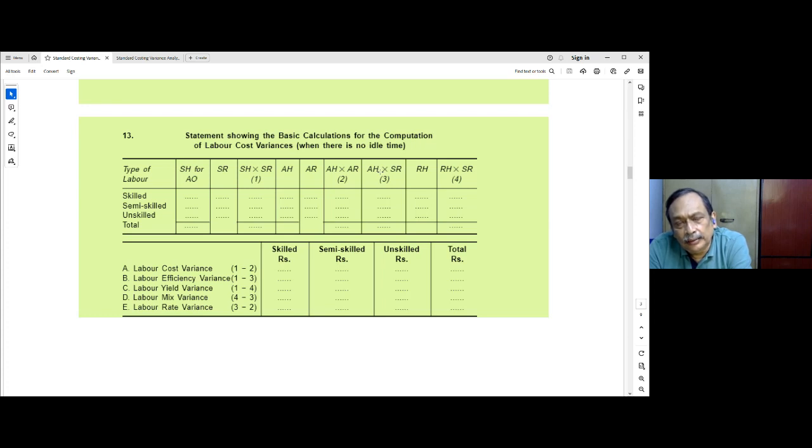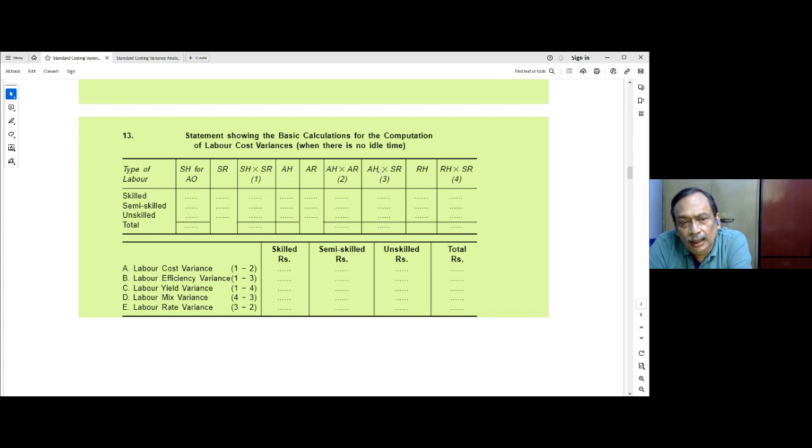And once we get all the information in this table, then for each grade of labor, we are going to calculate the various variances. That is labor cost variance, that is 1 minus 2, that is SH into SR minus AH into AR.